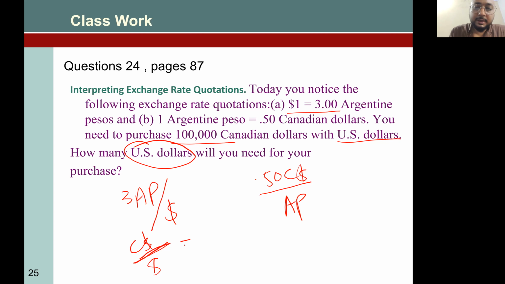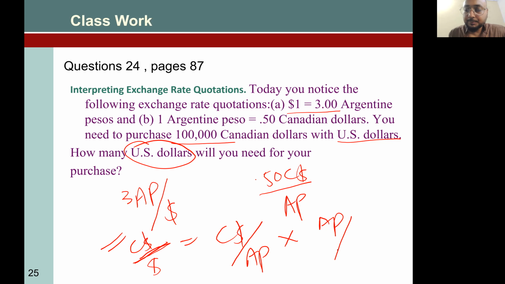If you find out from this, can we expand this ratio like this, over dollar? Write this. In this case, AP cancels, and you have Canadian dollar over dollar.